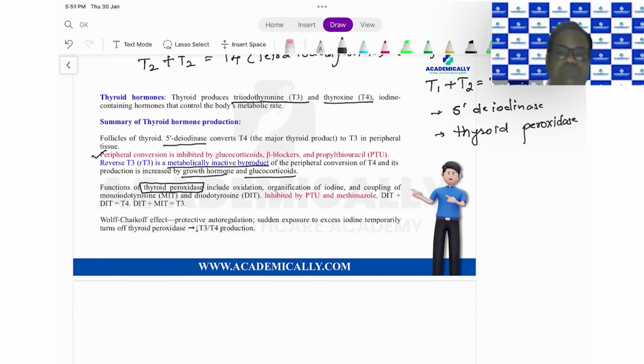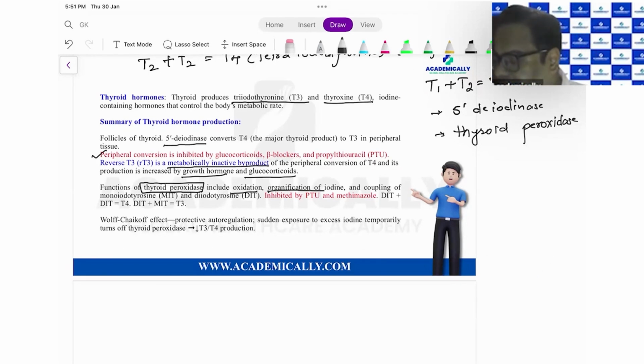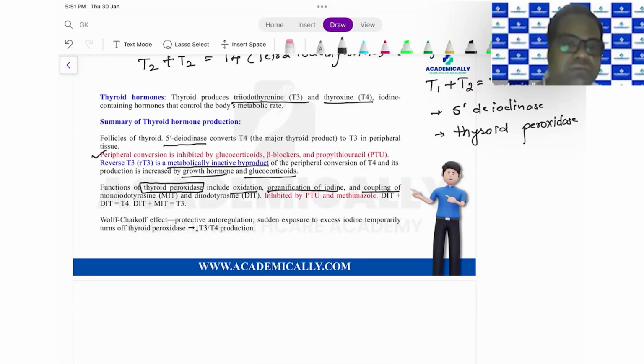Why? Because this is practically responsible for almost every step required in thyroid hormone formation. Whether it is oxidation, organification of iodine, or coupling of monoiodotyrosine with diiodotyrosine, everything is catalyzed by thyroid peroxidase.